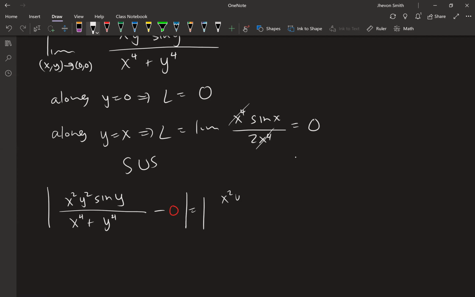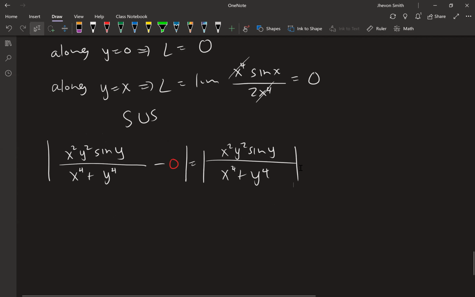So this is x squared y squared sine y over x to the fourth plus y to the fourth. All right, so since I know that the sine of y in absolute value is less than or equal to 1, we can compare this.